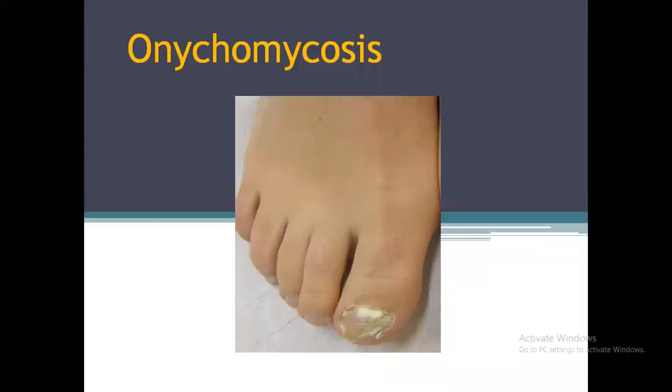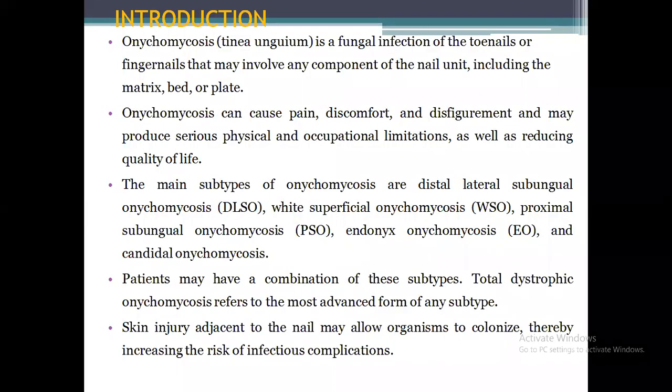Good morning. Today I am going to present about onychomycosis, which is a fungal infection of the nails. Onychomycosis, also known as tinea unguium, is a fungal infection of the toenails and fingernails that may involve any component of the nail unit, including the matrix, bed, or plate.